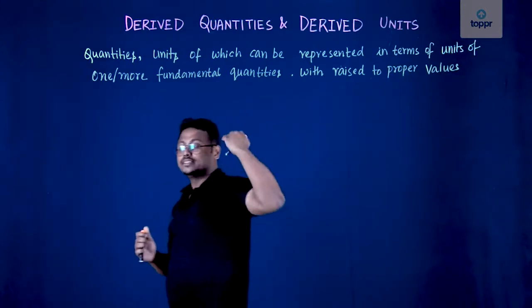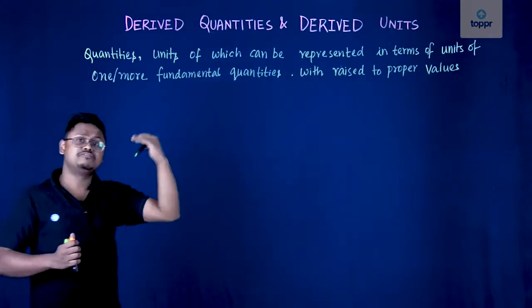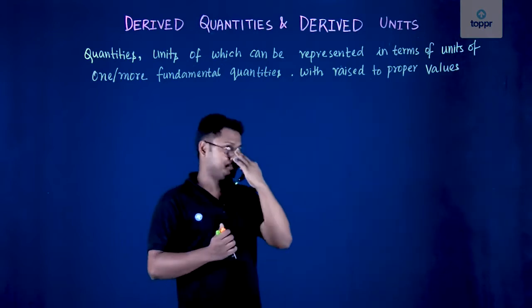Raised to means you can write as cube, minus half, plus half, 3 by 2, etc.